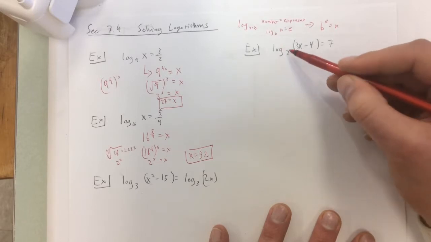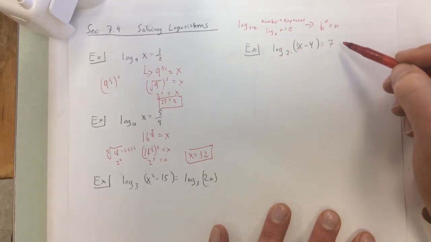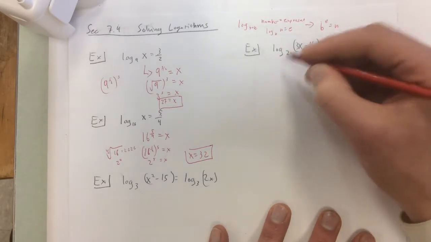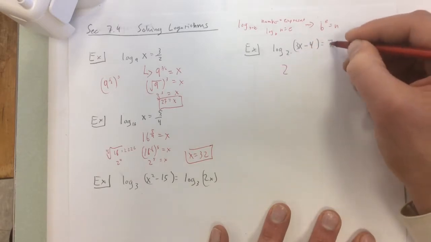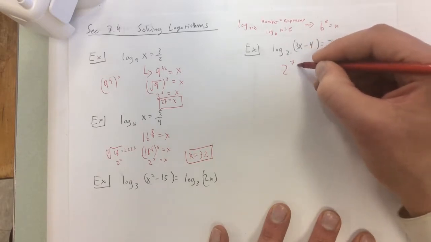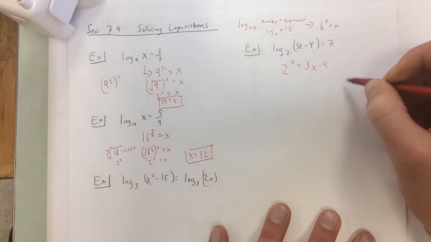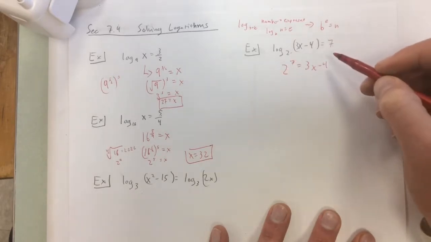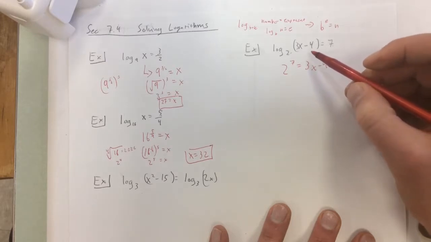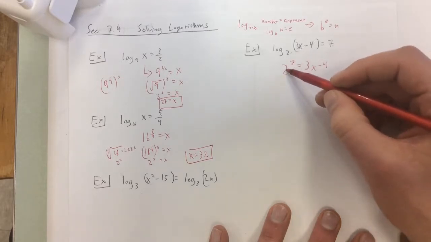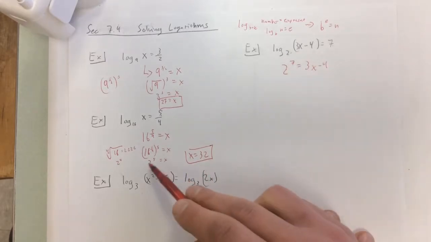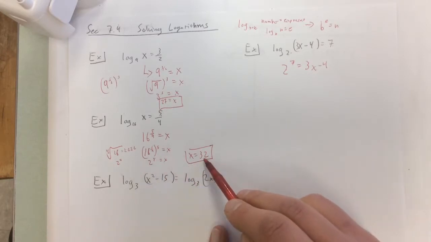Same thing here. Log base 2 of 3x minus 4 is equal to 7. Well, this is base 2. Here's my exponent, 7. It's going to equal 3x minus 4. 2 raised to the 7th power, how do I get that? Well, I just found out 2 raised to the 5th power was 32.